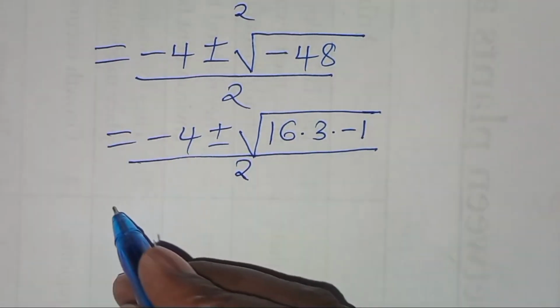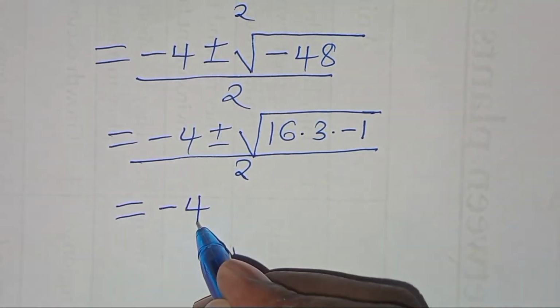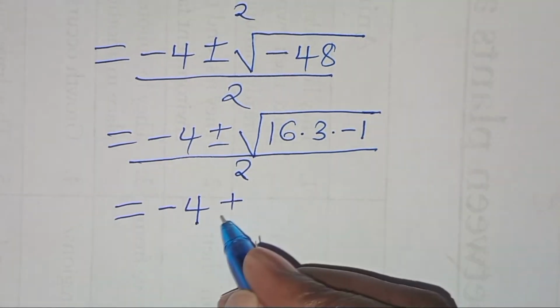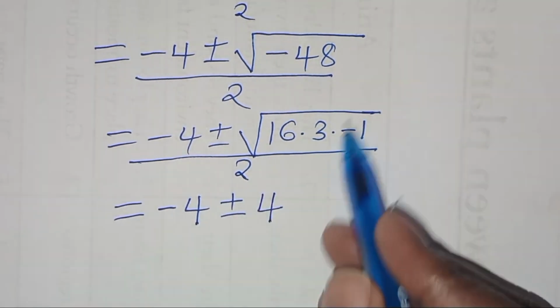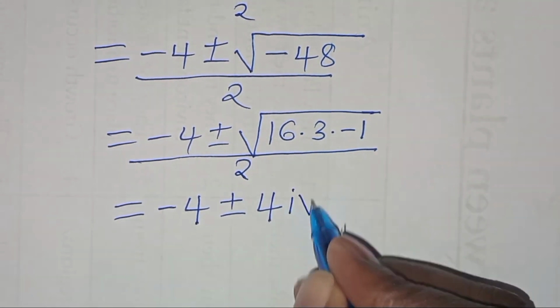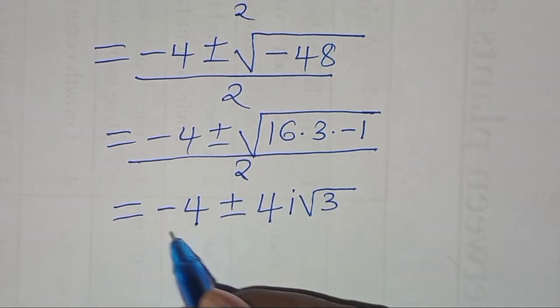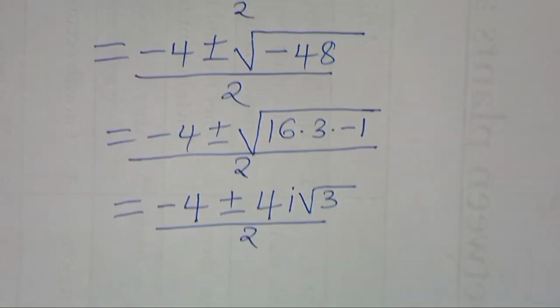So in this case here, we have minus 4 plus or minus the square root of 16, this is 4. The square root of minus 1 is i, then square root of 3. All this divided by 2.